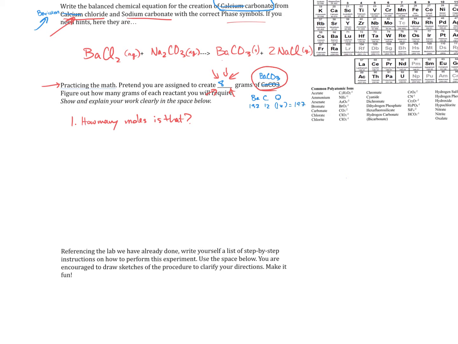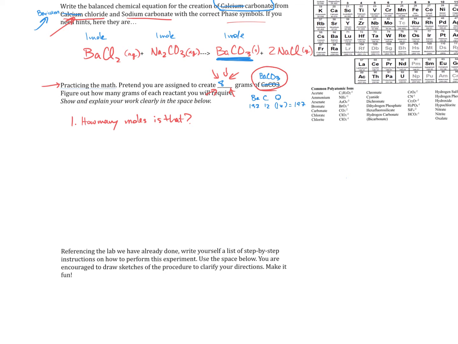So 197 grams would actually be 1 mole of this. If my target were just 1 mole of barium carbonate, then I would need 1 mole of sodium carbonate and 1 mole of barium chloride. But it's not. It's this smaller number.